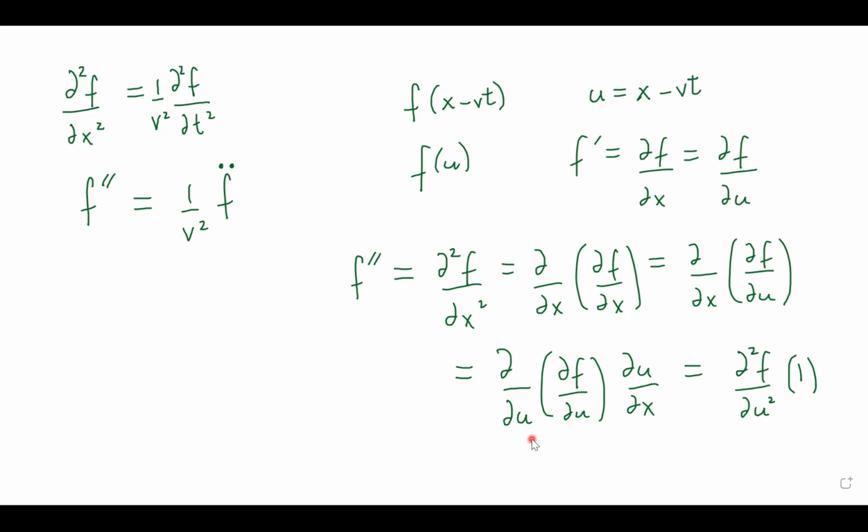And again, we can use the chain rule to rewrite this derivative with respect to x as a derivative with respect to u times the derivative of u with respect to x. Here we can see that we have one derivative with respect to u acting on another derivative with respect to u. So we get a second derivative of f with respect to u. And we already know that partial u partial x is just 1.